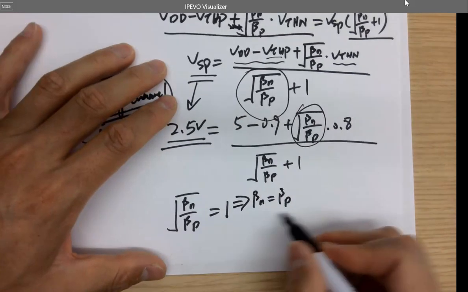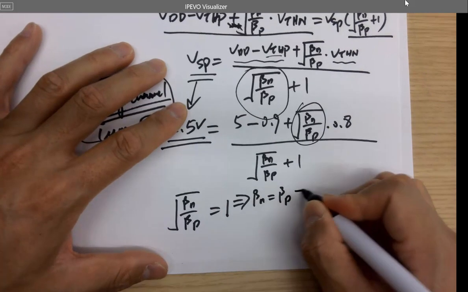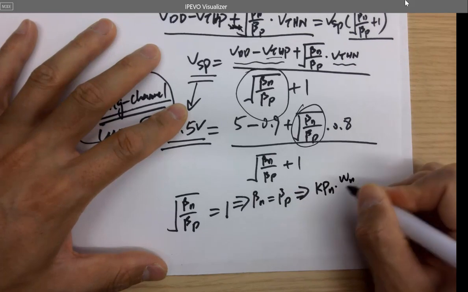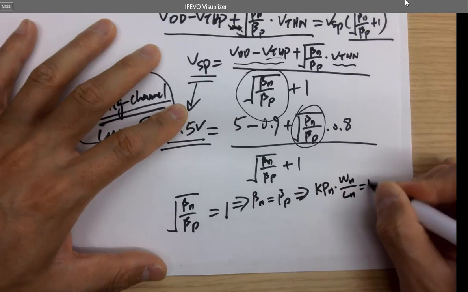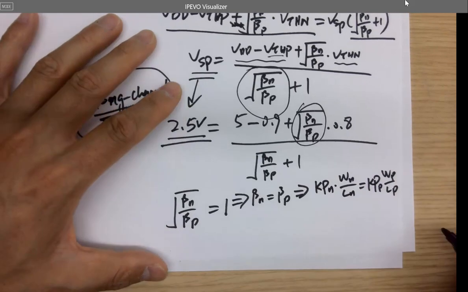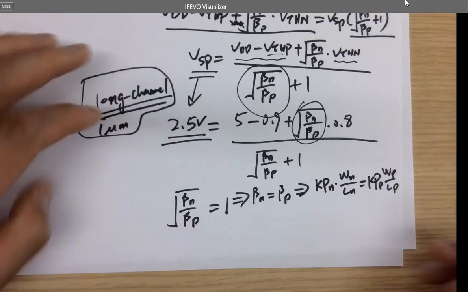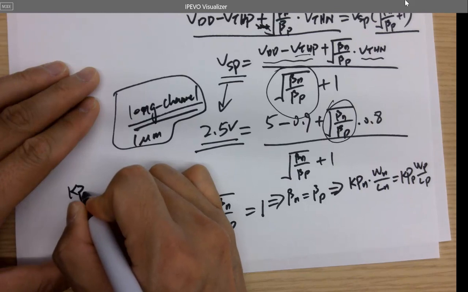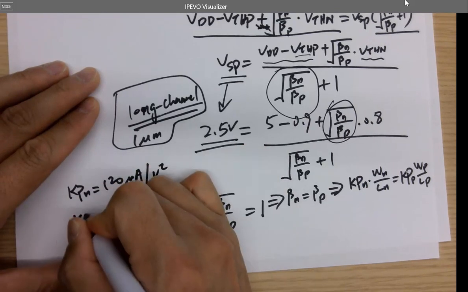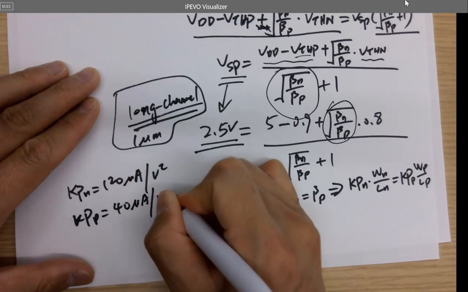so basically if this ratio is 1, beta n should equal beta p. No problem here, right? Which is KPN times WN over LN equals KPP times WP over LP. So it's given that KPN is 120 microamps per V squared, and KPP is 40 microamps per V squared.